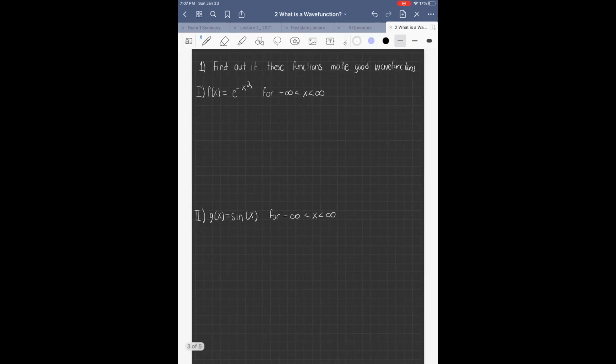Okay, so let's talk about this. Whenever you're talking about what makes a good wave function, you always have to graph it. Graphing it is a long way. So let's talk about e to the negative x squared. I'm going to use my graphing calculator to see what this looks like. I know by heart how it looks, but let me just make sure.